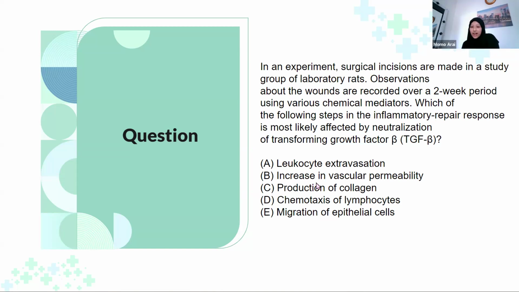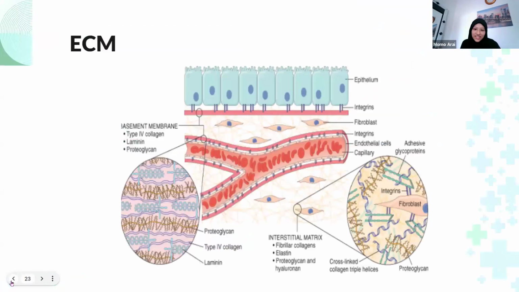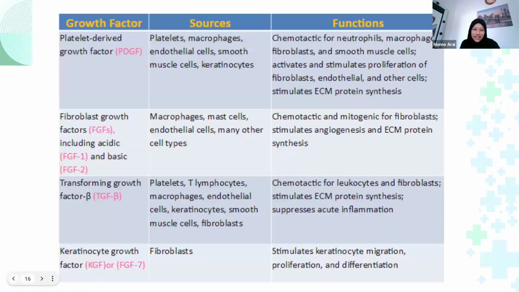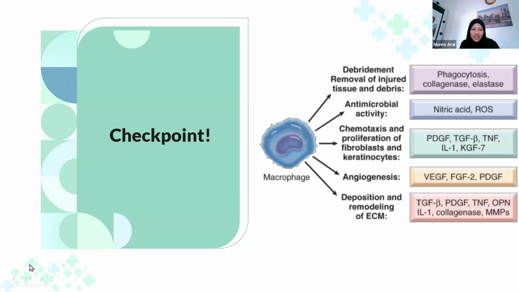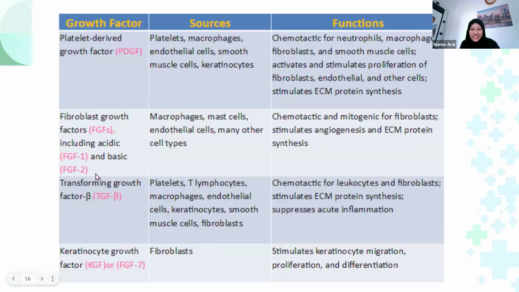So I'll try to explain why the answer is C. As someone correctly said, TGF-beta will mostly affect collagen production. The slides didn't mention collagen, but collagen is involved in the extracellular matrix. Let's go back to the slide really quick. This is a summary: transforming growth factor beta is mostly involved in extracellular matrix protein synthesis.